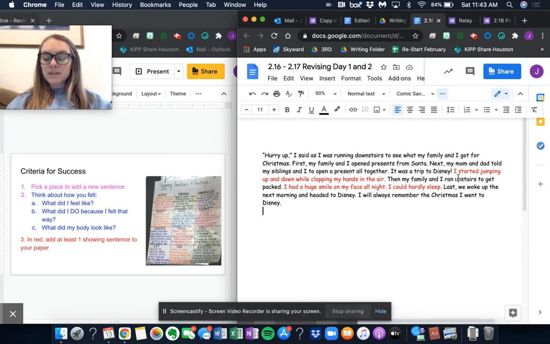It was a trip to Disney. I started jumping up and down while clapping my hands in the air. Then my family and I ran upstairs to get packed. I had a huge smile on my face all night. I could hardly sleep. Last, we woke up the next morning and headed to Disney. I will always remember the Christmas I went to Disney.